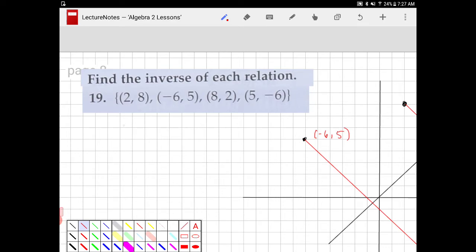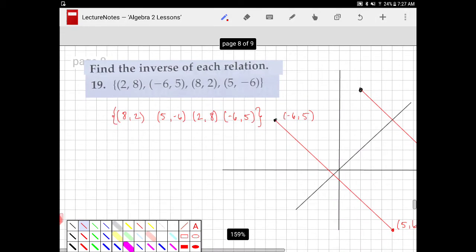So what I have is (8, 2), (5, -6), (2, 8), and (-6, 5). So these are the points in the relation. That is the inverse of this relation.